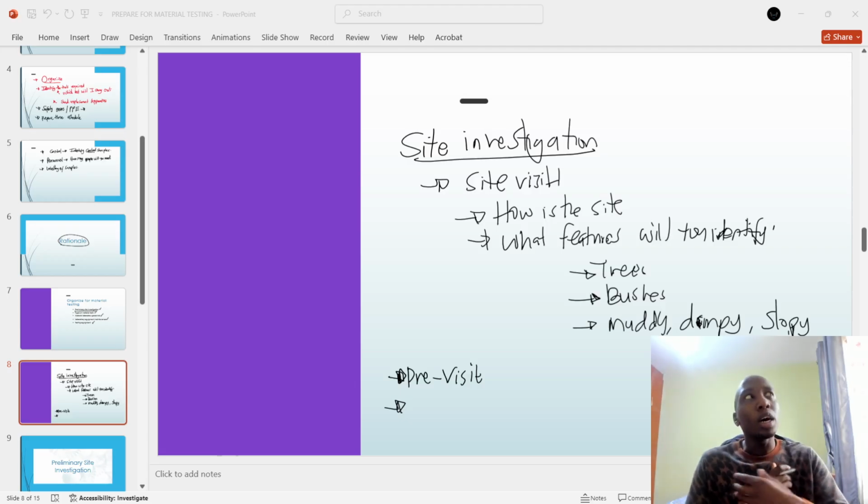Oh, the photos cannot provide the climate. So we have agreed that photos can be used in site investigation, yeah? But they will provide limited information.